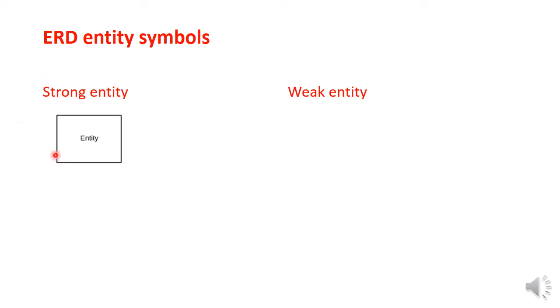A strong entity, or simply entity, is represented by a rectangle. A weak entity is represented by this symbol, an association of two rectangles where we have an inner and outer rectangle.